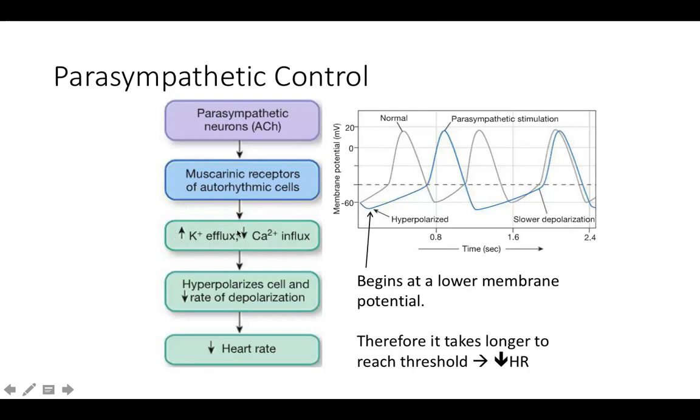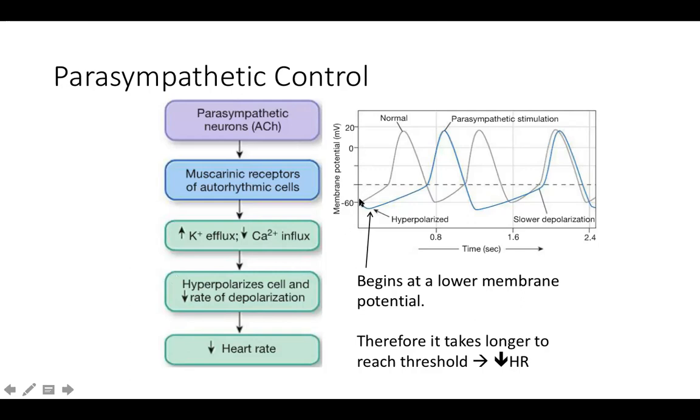That repolarization phase is more pronounced. And there's decreased calcium influx. And so that depolarization phase is going to be less pronounced. What this effectively does is it causes hyperpolarization of the cell. And if you hyperpolarize the cell, it decreases the rate of depolarization by increasing the amount of time that it takes for the pacemaker potential to reach threshold.